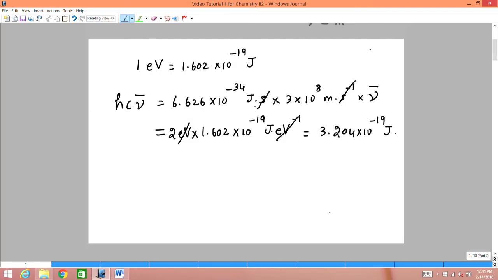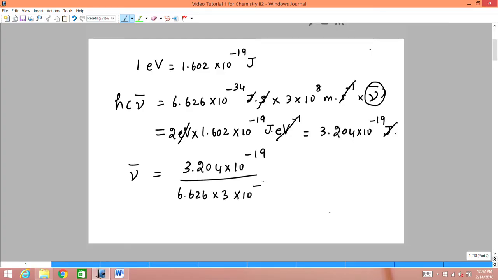The second cancels off and these are equated, and therefore, you see that nu bar is going to be in terms of meter inverse, namely it is 3.204 times 10 raised to minus 19 divided by 6.626 times 3 times 10 to the minus 26, and the whole unit is 1 by meter.